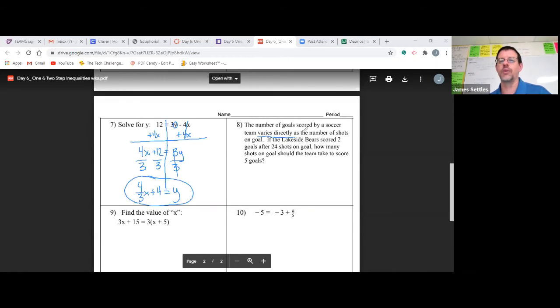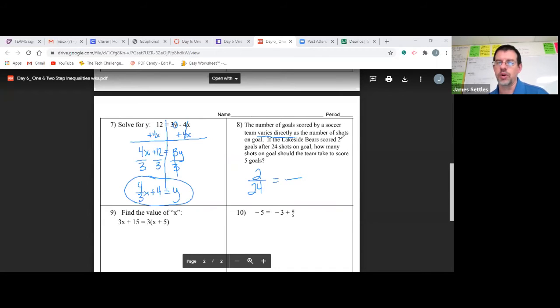Whenever we see varies directly, this is what we did yesterday: we set up a proportion, two fractions equal to each other. The rule is the first two numbers you see go in the first fraction. So I see a 2 and I see 24. Those are the first two numbers I see.